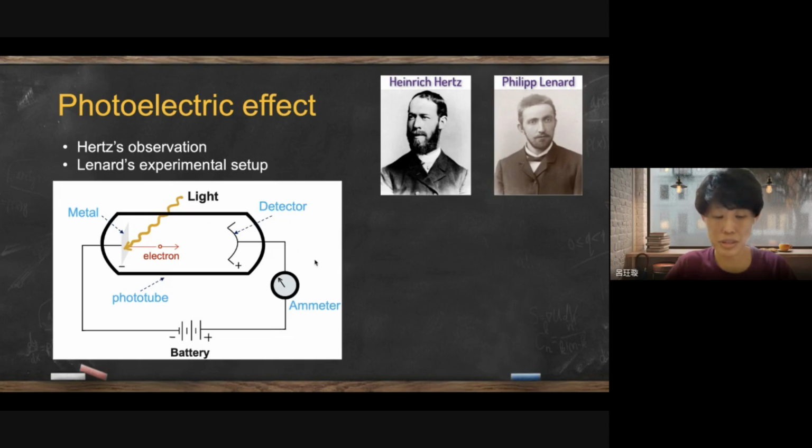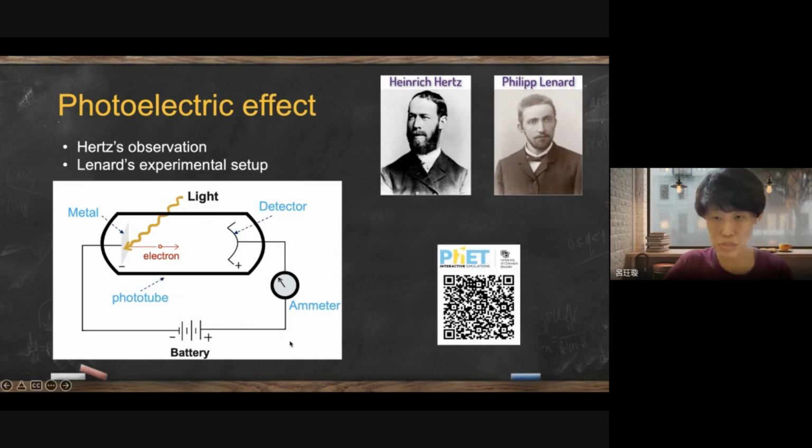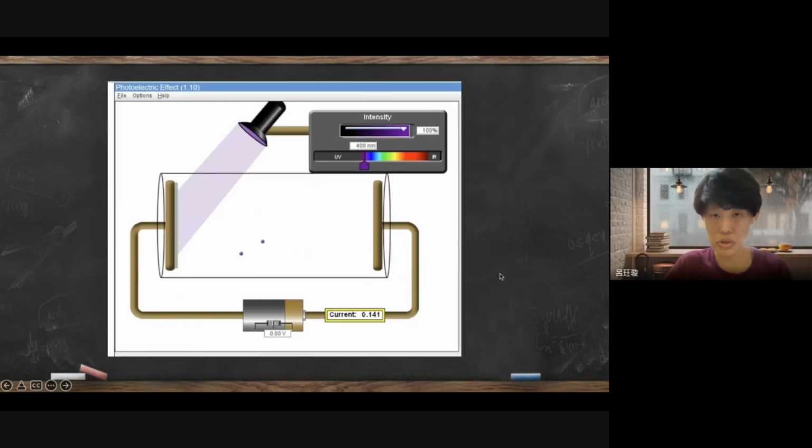To have a better understanding, let's say you are Lenard, and please experience this experiment through this simulation software, PhET. Scan this QR code here and you will see this screen.